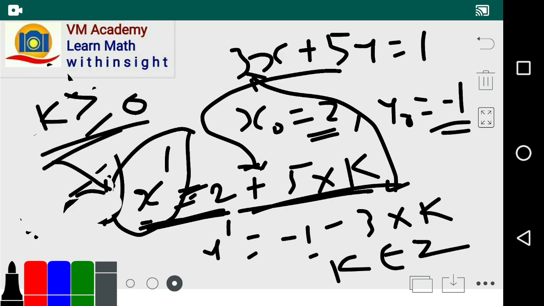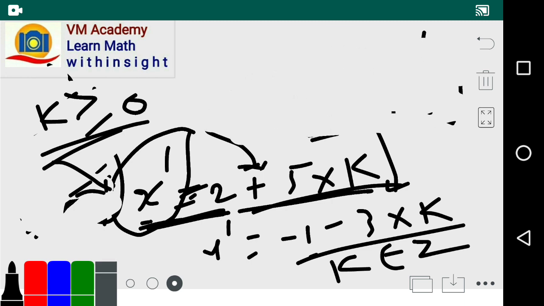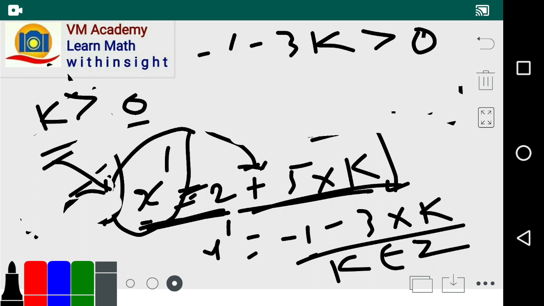And for this, -1 -3k greater than 0. If we apply this condition, -1 -3k greater than 0, here positive, so it becomes, friends, -1 greater than 3k, or we can say 1 plus 3k less than 0, multiplying by a negative number.